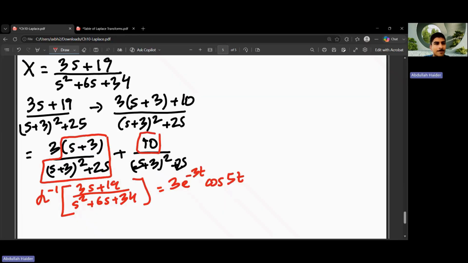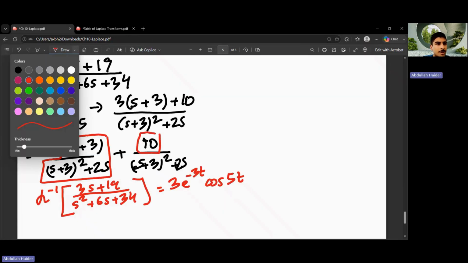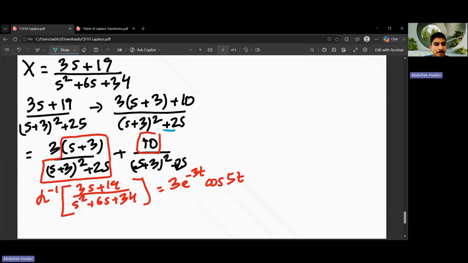But I'm just saying you can now convert this to 2 multiplied by 5 over (s plus 3) squared plus 5 squared. Why?